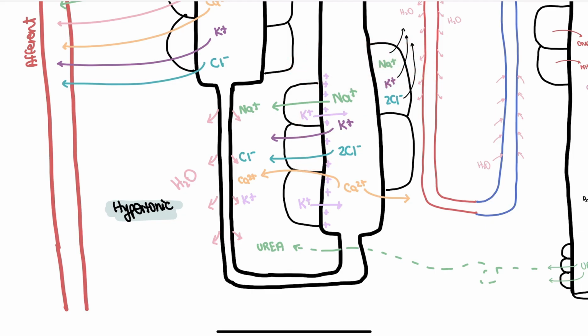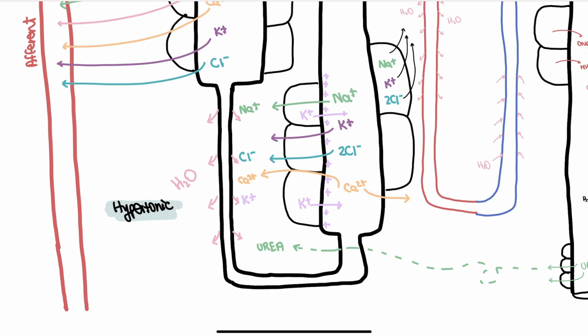You also have ROMK channels as well, which move these potassium ions into the lumen, so it increases the lumen positivity and repels sodium, calcium and magnesium.